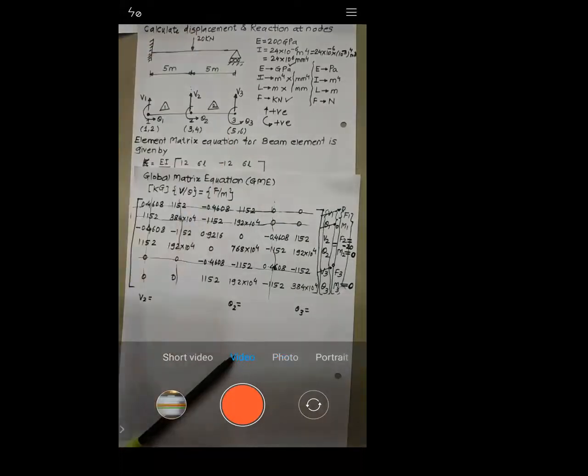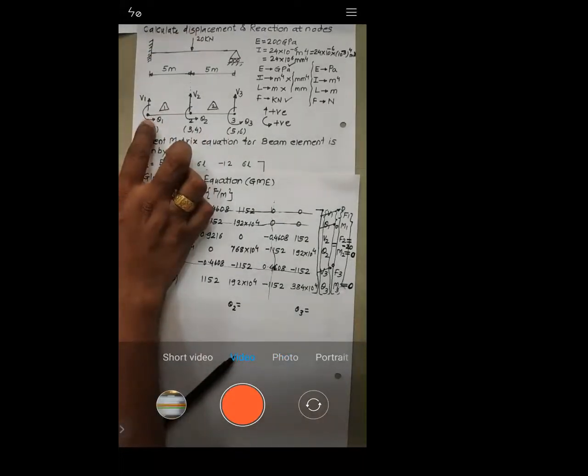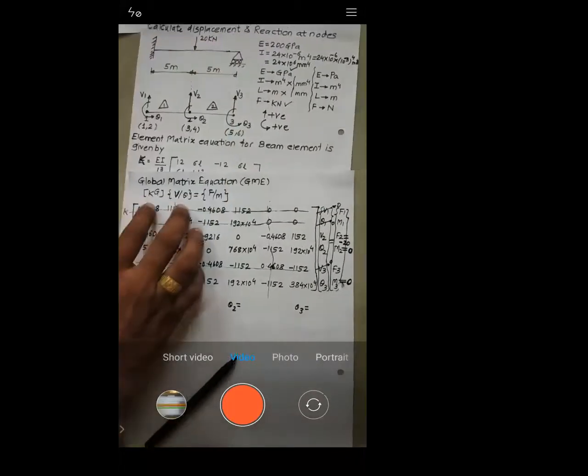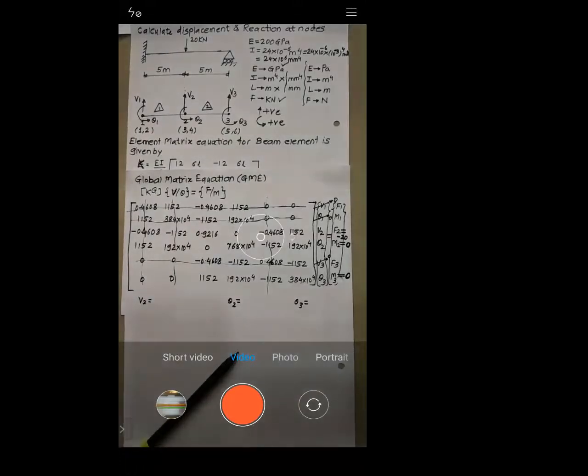When you apply the force of 20 kilonewton, some moment will be generated at node 1, because node 1 is fixed. But is there any moment given at node 2 and node 3 in the problem? No. Then how will you take those values?